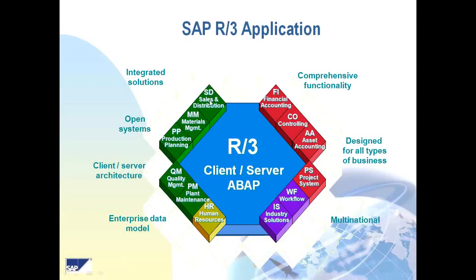There is SD, sales and distribution, and MM, materials management, production planning, and of course quality management, plant maintenance, and HR, human resources. So these are the main components and applications which are normally implemented for any particular business requirement. Many applications are available. These are the main core applications within the SAP system.